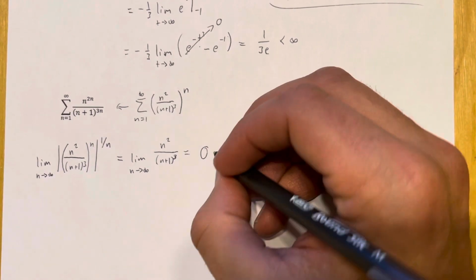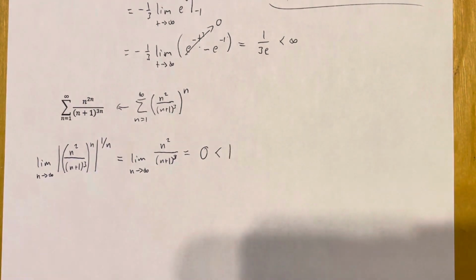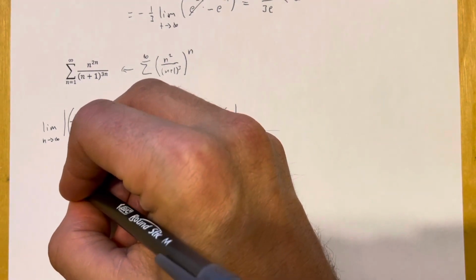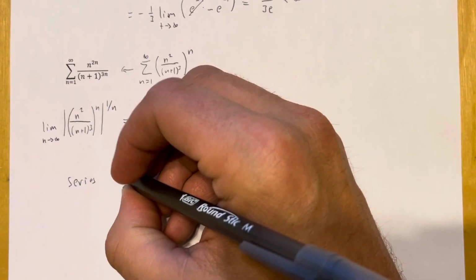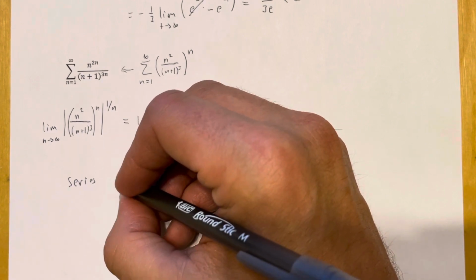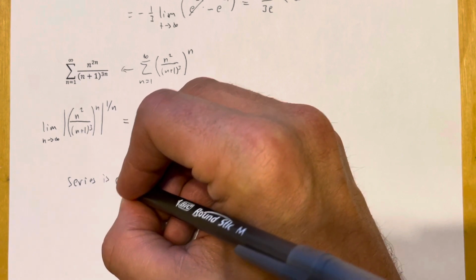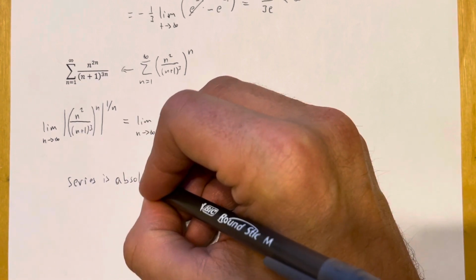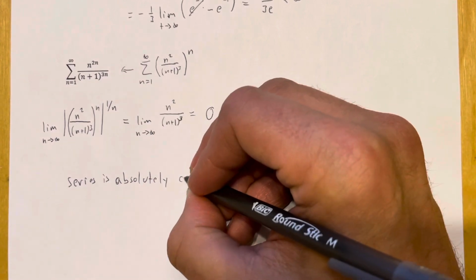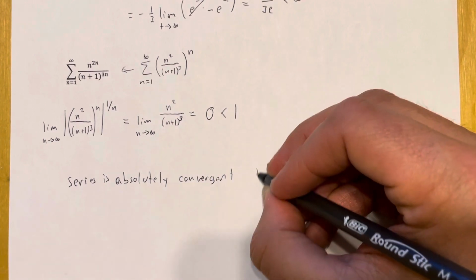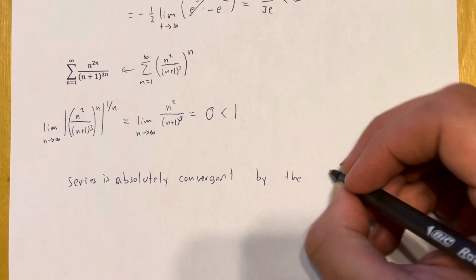And because we're talking about the root test, the important observation is that the limit was less than 1, which means that this is a convergent series. In fact, it's absolutely convergent, so I might just state that because that's more informative. The series is absolutely convergent by the root test.